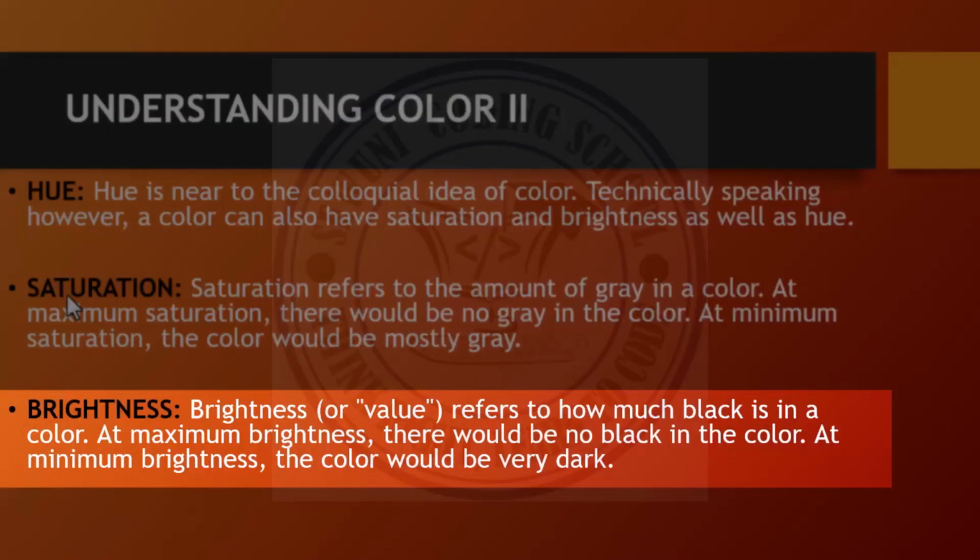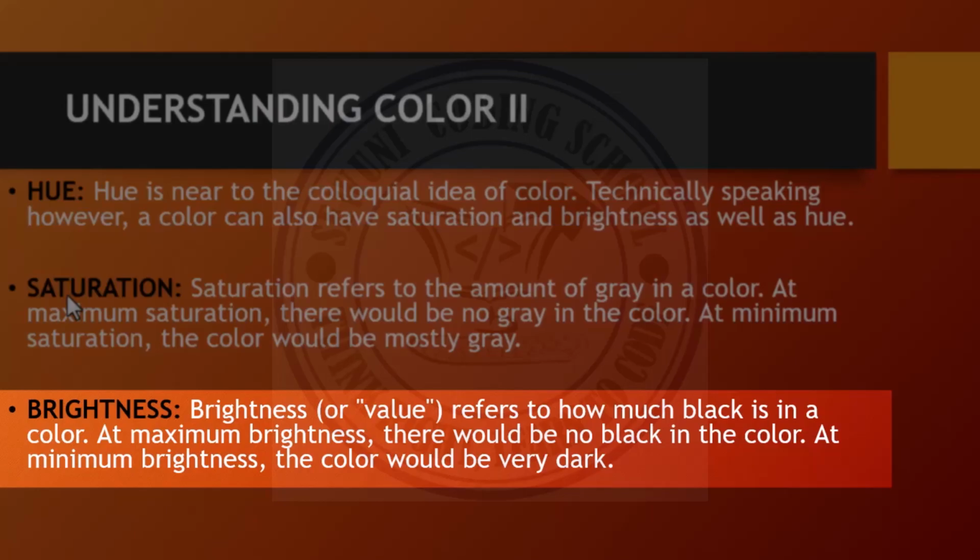What about brightness? When we say brightness, it simply refers to how much black is in a color. Brightness comes with how black something is. At maximum brightness, there would be no black. If there's a picture and we want to brighten it, that means we are trying to reduce the amount of black in that picture.